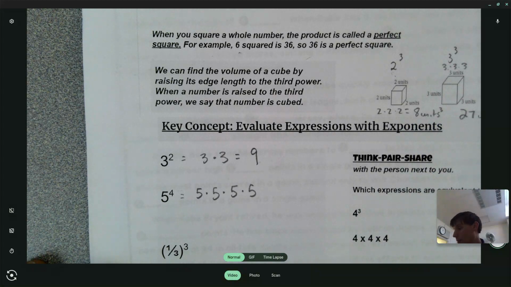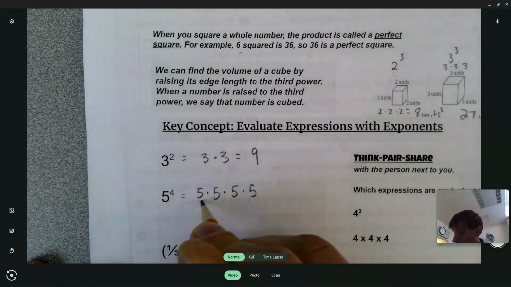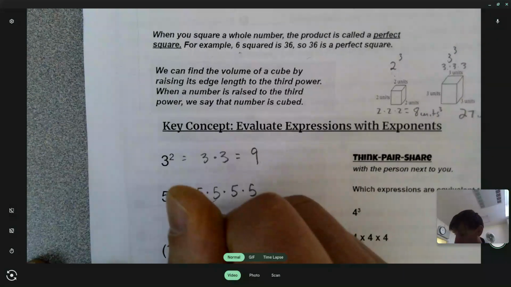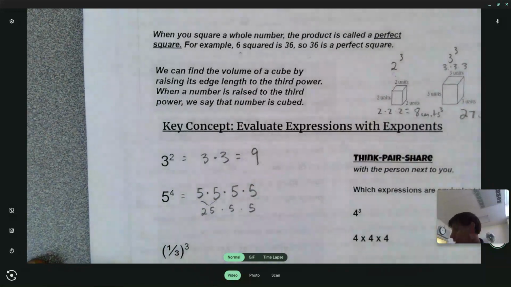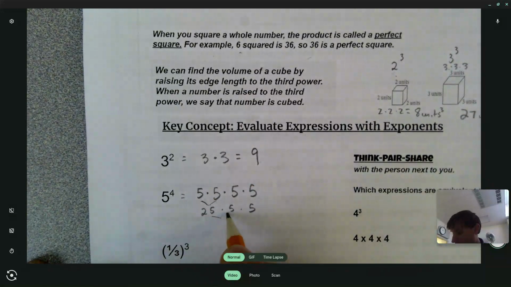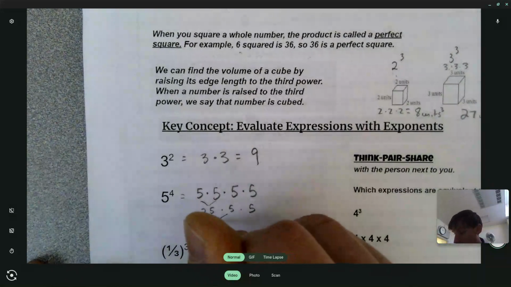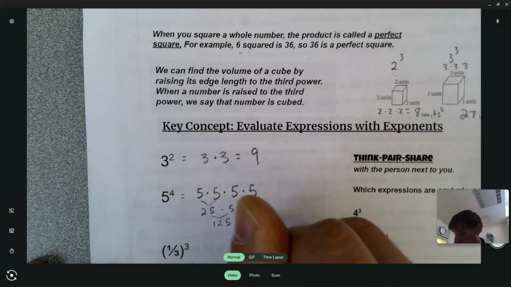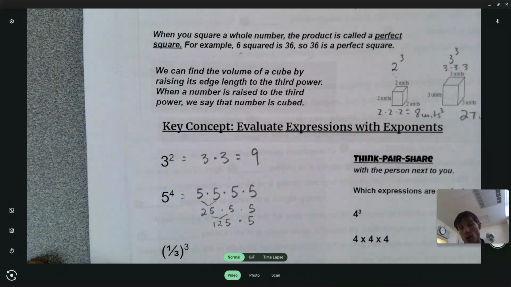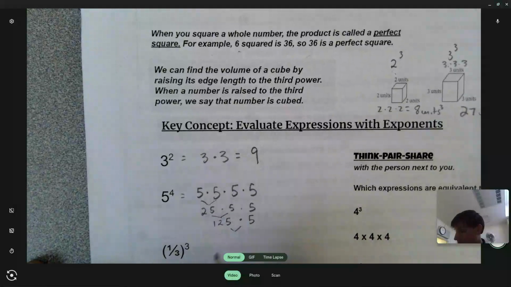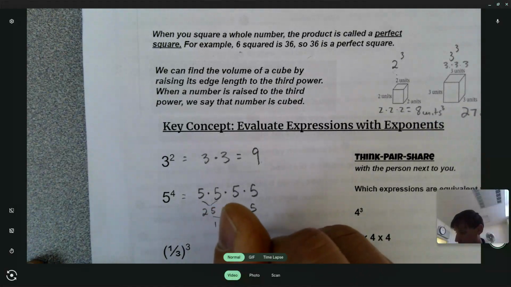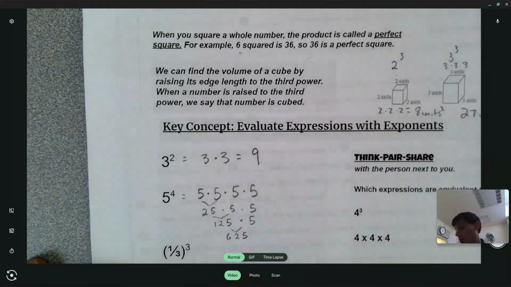And again, we can go through and multiply it. 5 times 5 is 25. Then 25 times 5 is 125. It's still times 5. Notice how we write each one so we don't lose our place and don't make mistakes. And then 125 times 5, our last one, is 625. So our solution there is 625.